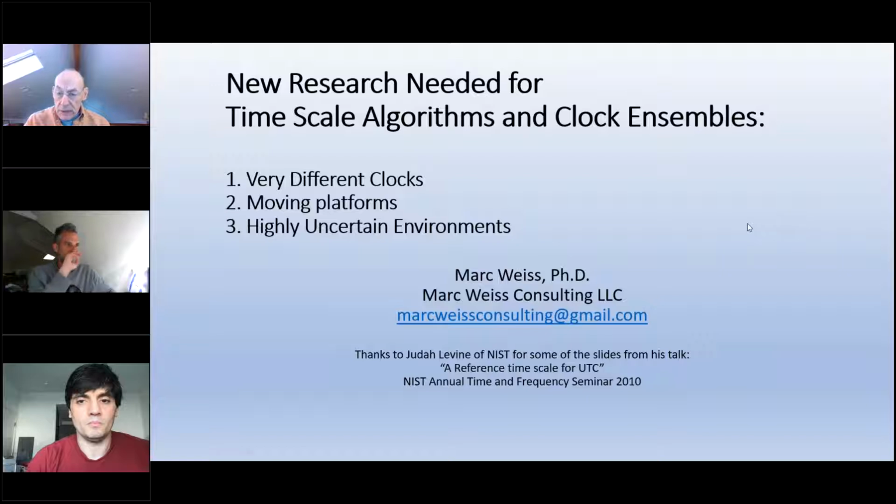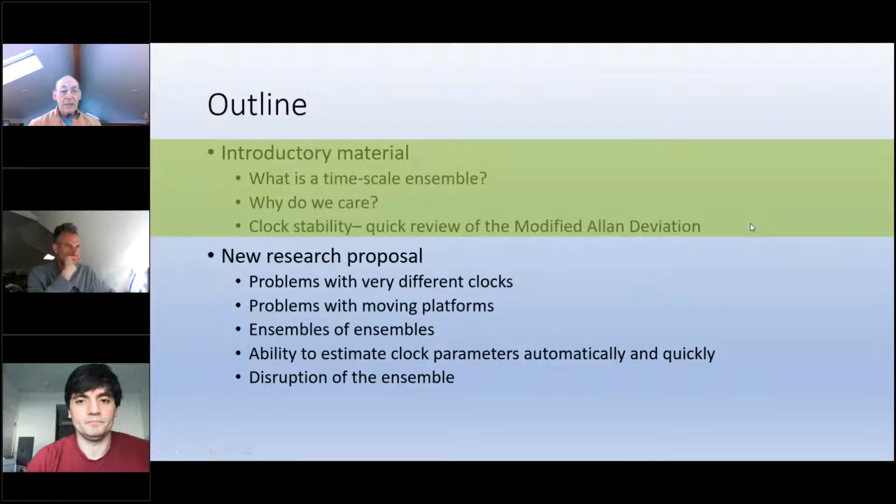Let's see, there we go. Here's the outline. I'm going to start out with some introductory material, a little bit of review from my last talk for those who weren't there or are unfamiliar with what I mean by stability and Allan deviation and power law noise types. Those are core concepts to all of this.